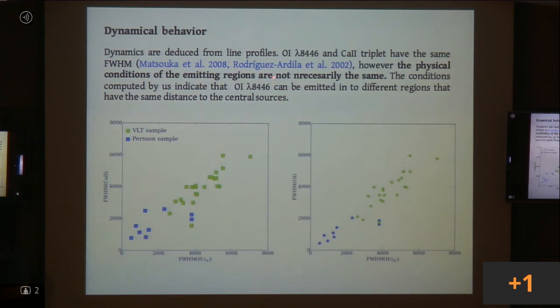This can be explained how? If the regions have slightly different physical conditions, but of course are at the same distance of the ionizing source, black hole or whatever.